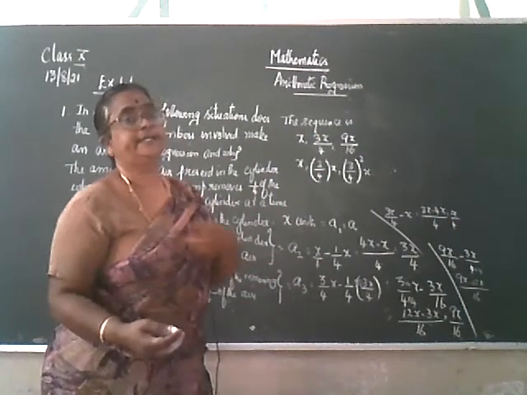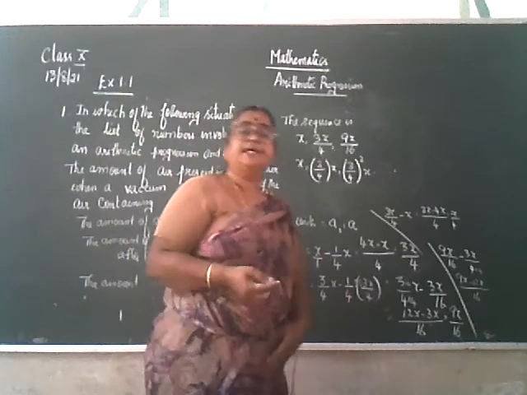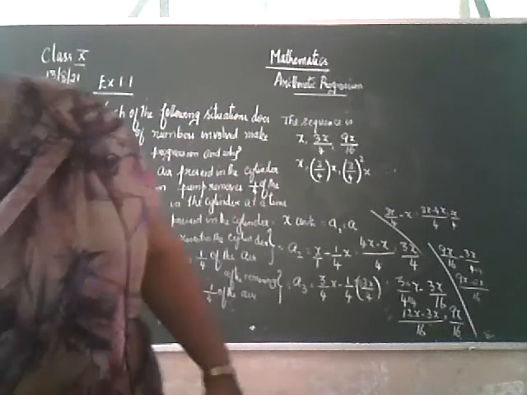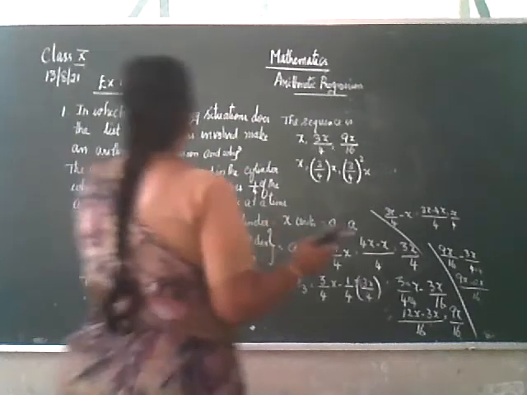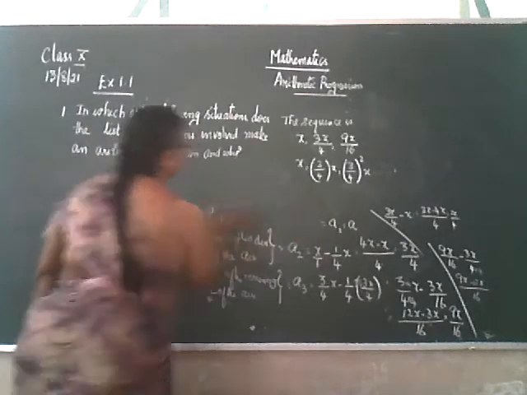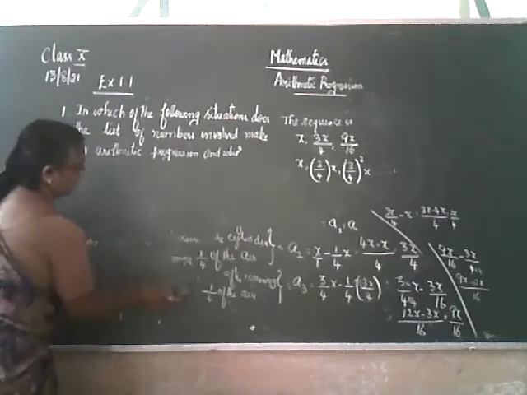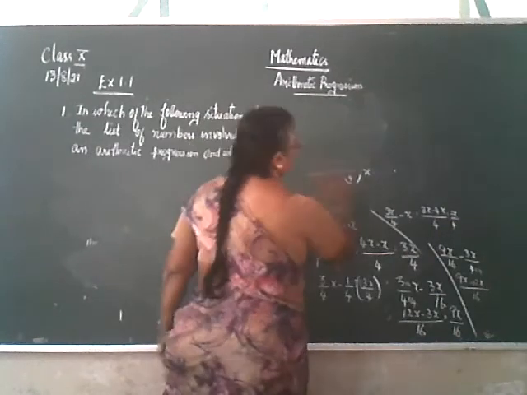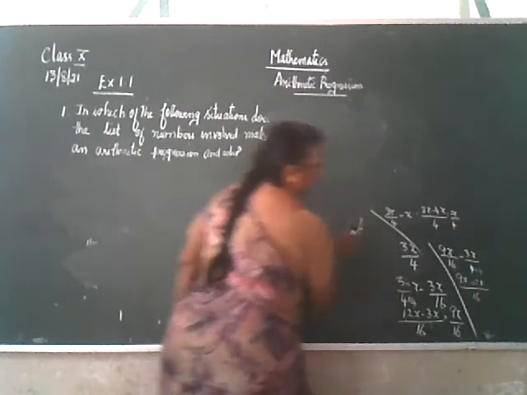No, it is not constant. So here you can say the common difference D is not constant. Therefore, it is not in AP. The given sum is not in AP. Okay. Understand it properly, then only you can do it on your own.